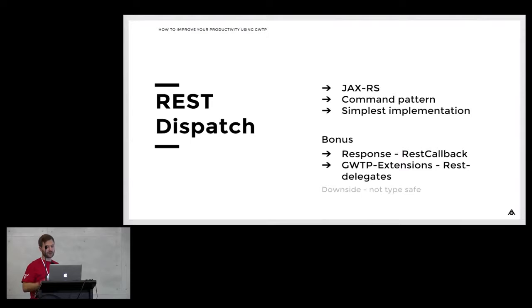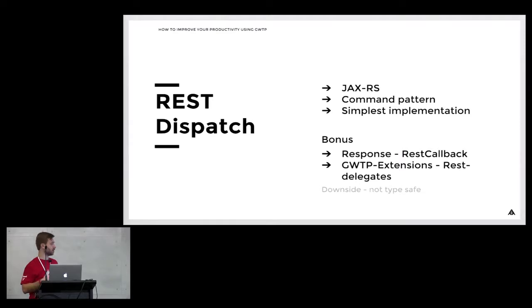As a bonus, you can also get information about the response. And we built an extension to REST dispatch because while we were working on REST dispatch, we rewrote almost all the code generators in GWTP so that they can be extensible.